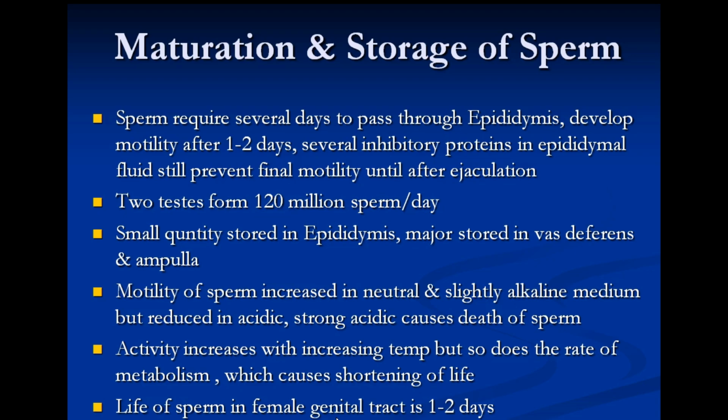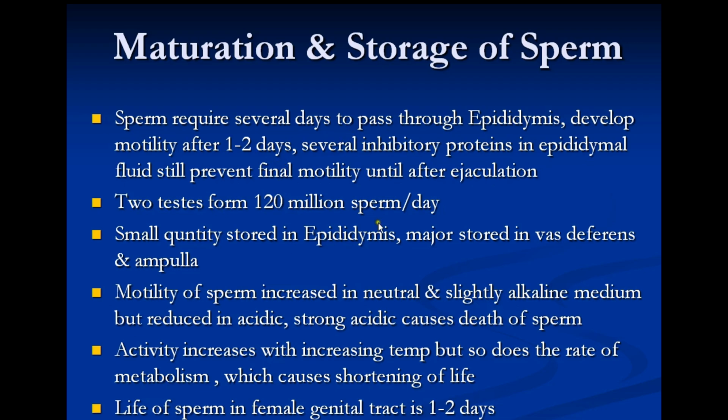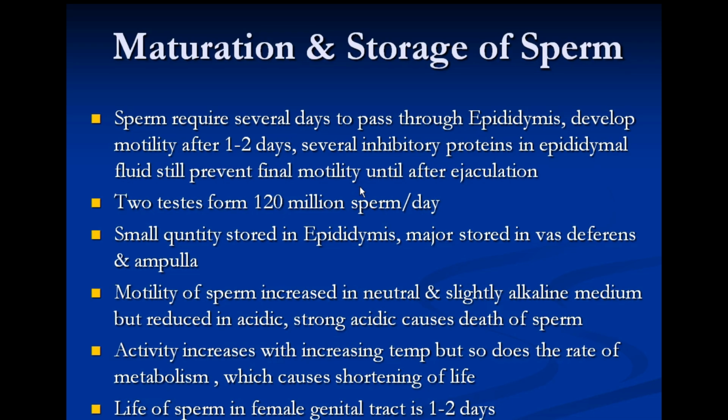And then comes the maturation and storage of the sperm. Sperm requires several days to pass through the epididymis, from where it develops motility after 1 to 2 days. So motility of the sperm is acquired from the epididymis. Remember, several inhibitory proteins in epididymal fluid still prevent final motility until after ejaculation.